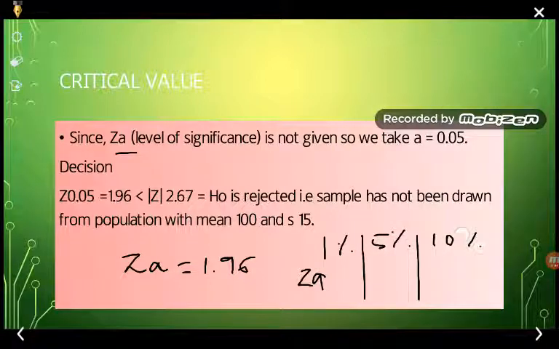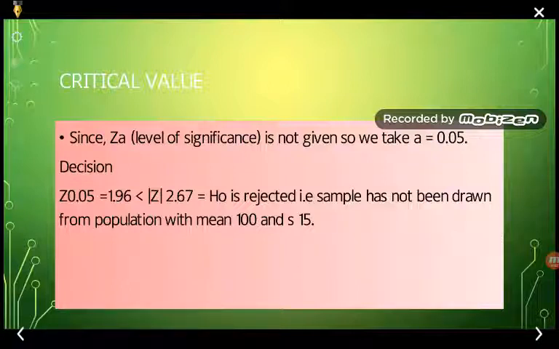Normally we take 5% as the significance level. So if the level of significance is not given or you are not asked, then we take 0.05. Normally in all cases we take 0.05, or 5%, as the significance level.